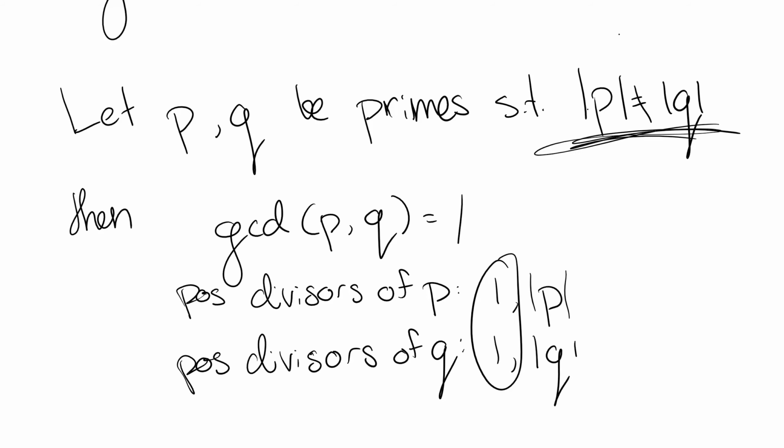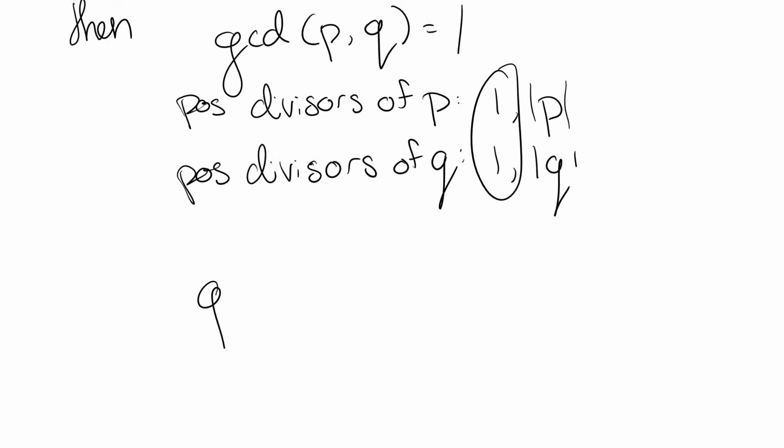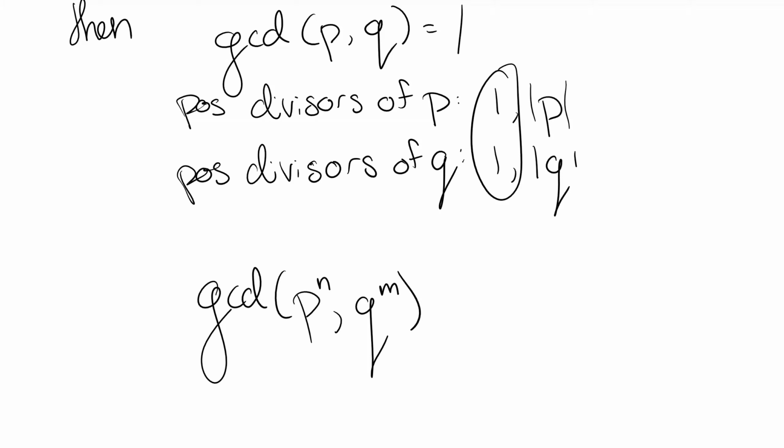In fact, we can say, let's say that same P and Q as before, where M and N are positive, or at least non-negative integers. But if they are equal to 0, then we just refer to our example above and it doesn't really matter, because remember, any integer to the 0th power is 1. Okay.